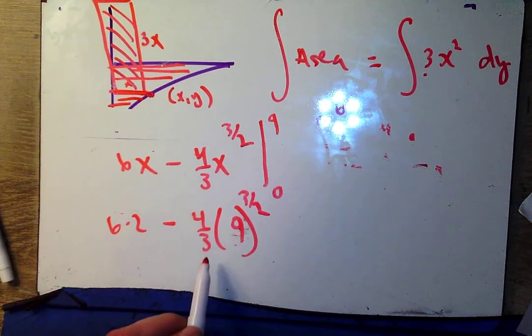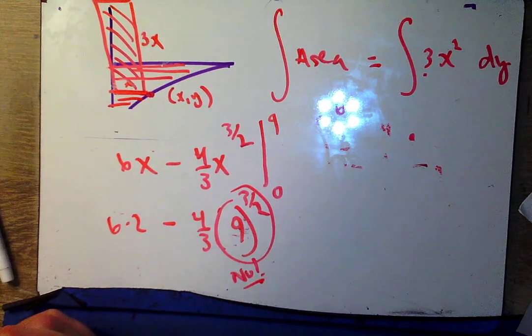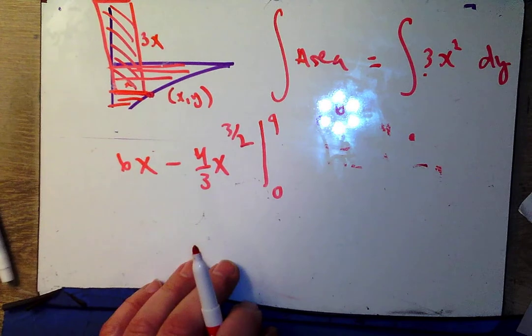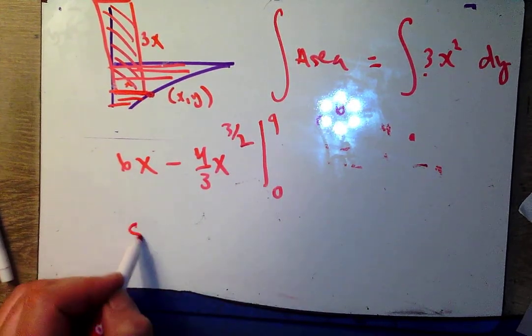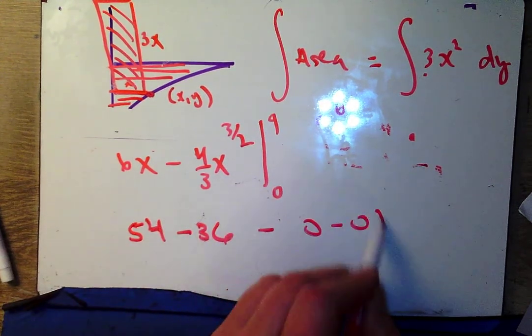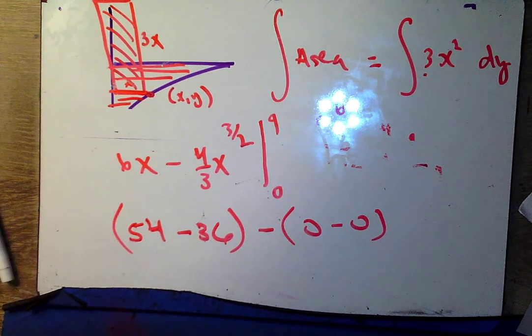This does not get the point. No, not okay. Sorry, you're lazy. Even College Board says that. But if you plug that 9 in and get 54 minus 36 minus 0 minus 0, that's fine. That earns the answer point.